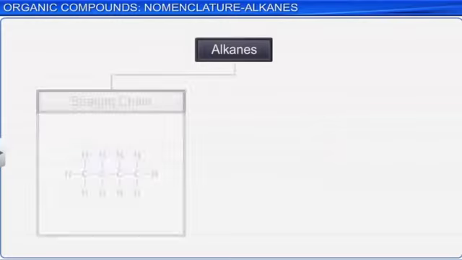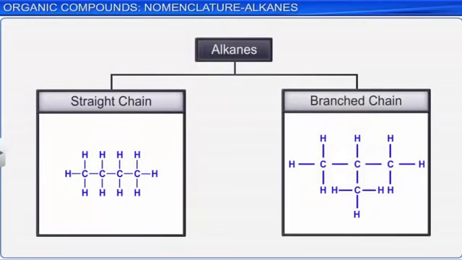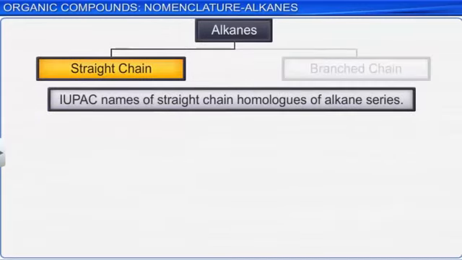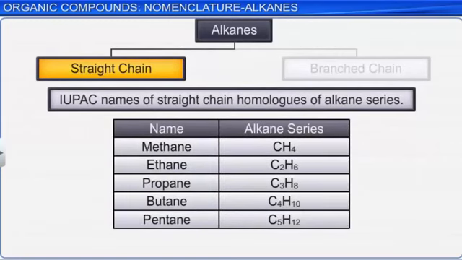Alkanes can be straight chain alkanes or branched chain alkanes. Let's look at the IUPAC names of certain straight chain homologs of alkane series.